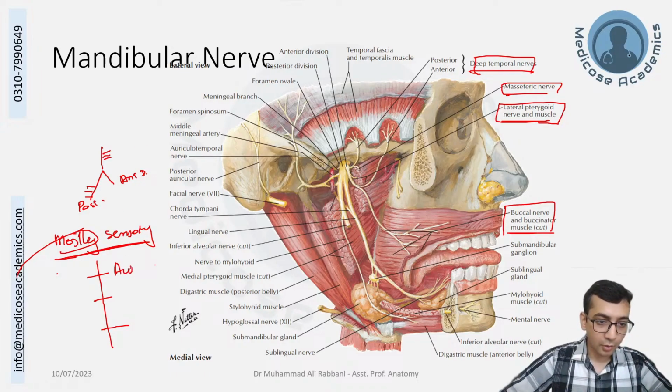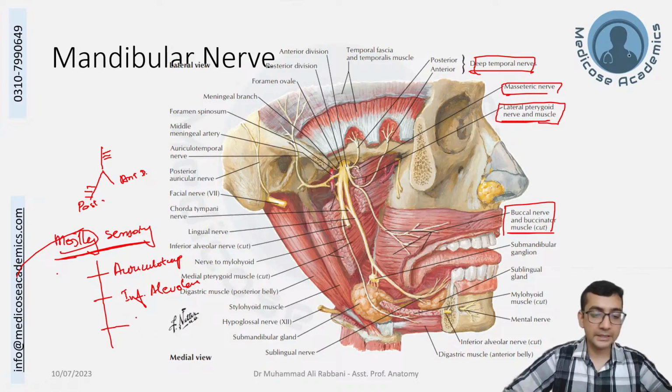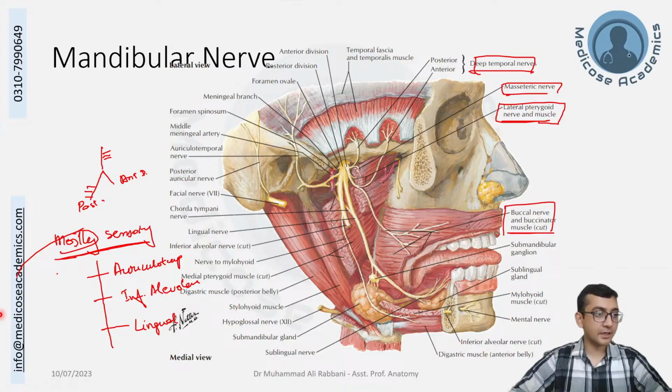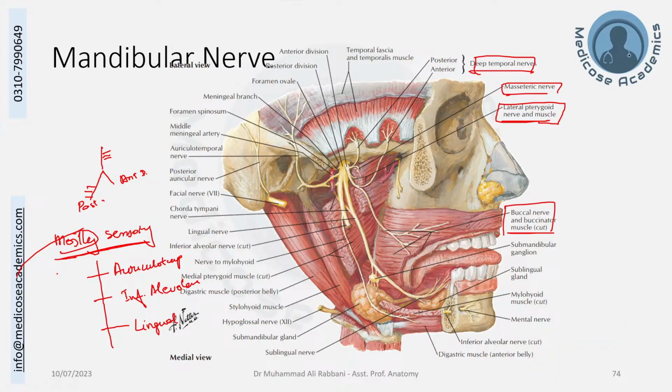One is auriculotemporal, the other is inferior alveolar, and the last one is lingual. Don't worry, we will be discussing them again when talking about the cranial nerves, but let's follow them here also.